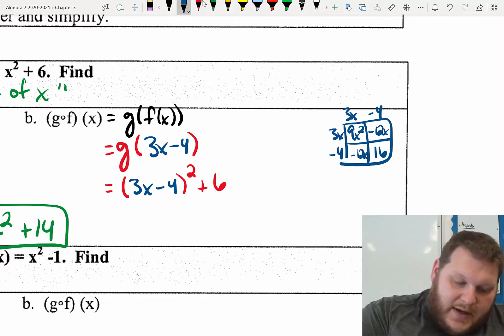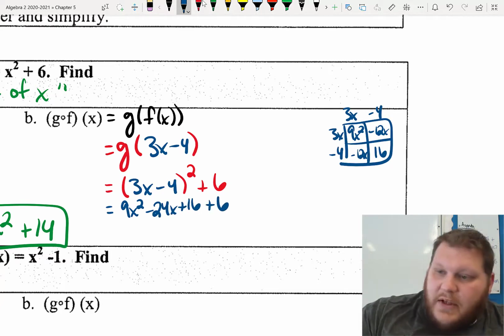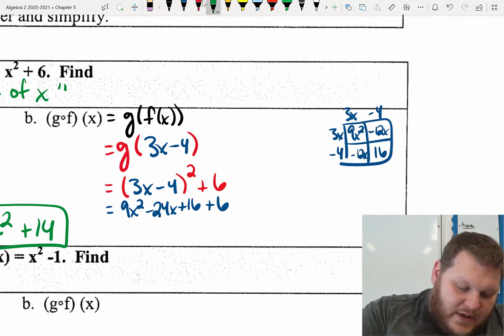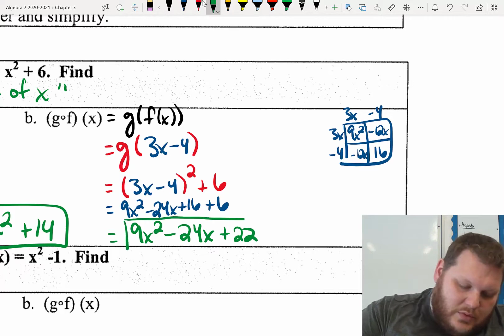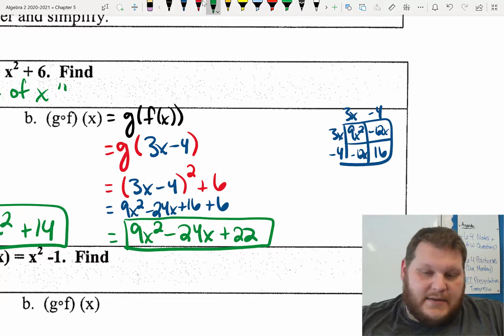When we add our like terms up, we end up with 9x squared minus 24x plus 16 plus 6. So my final simplification here in green is 9x squared minus 24x plus 22. And that's what g of f of x is in this case.